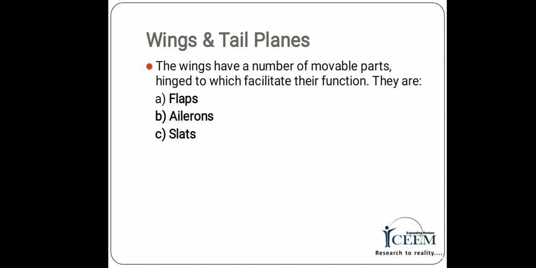The wings have a number of movable parts hinged to them which facilitate their functions. They are flaps. Flaps are found at the trailing edge of the wings. The flaps work together with the slats to increase lift. The flaps, when stretched out, increase the surface area of wings, consequently increasing the area of air flow, which in turn increases lift.